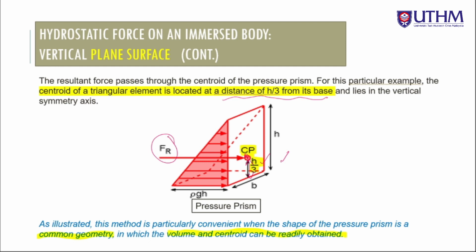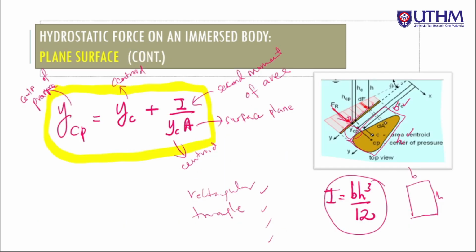So maksud dia ini, ini mana dia tadi, okay, so this one should be betul lah, ini H kan, okay, ini B. Alright, okay, tak apa, nanti kita go through example.